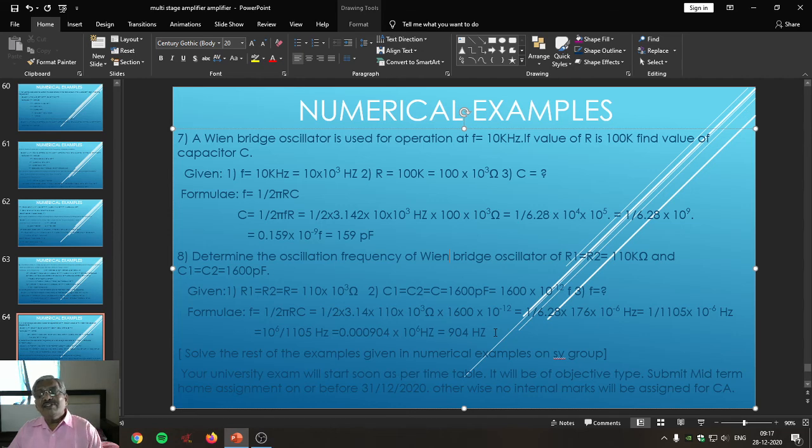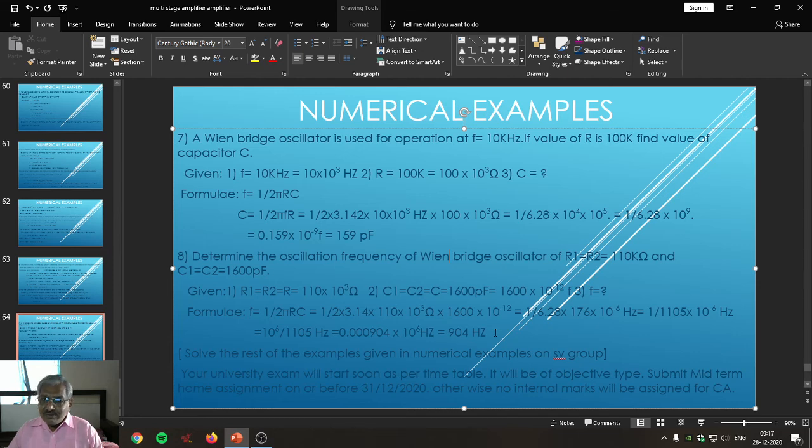Friends, whatever examples are solved as sample examples, try to solve them yourself. Maybe some conversion aspects are going to be changing. If those are changed, try to correct them and correct your answers.